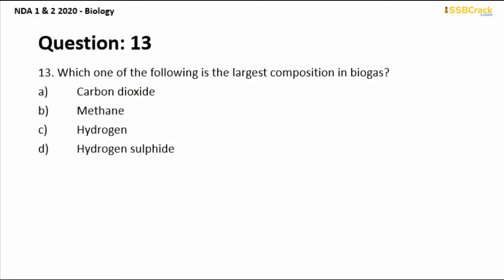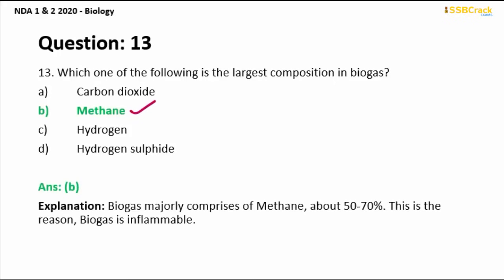Question number 13. Which one of the following is the largest composition in biogas? Option A, carbon dioxide. Option B, methane. Option C, hydrogen. Option D, hydrogen sulfide. So what is the correct answer here? It's option B, methane. We all know the composition of biogas, right?